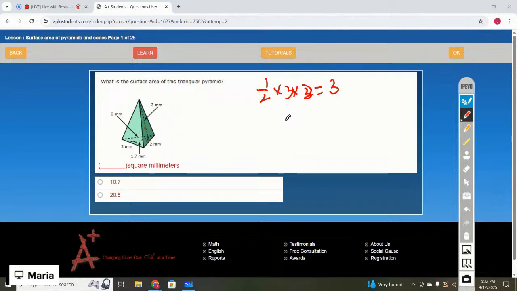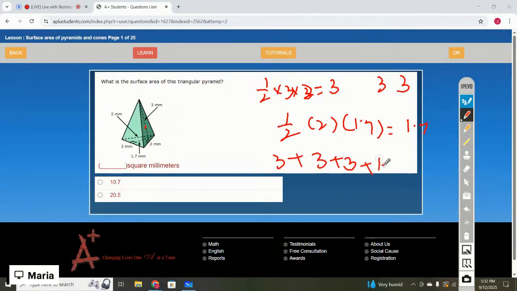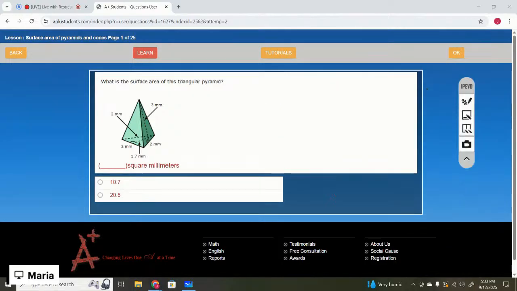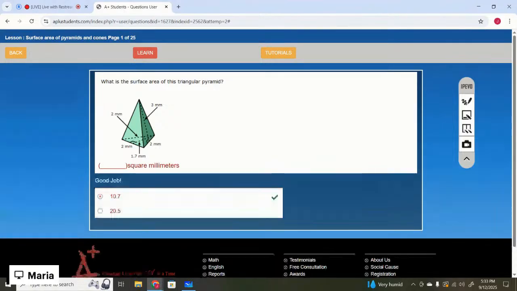And for the base, it is half times base times height. That is 1.7. So for the three faces, that is 3, 3, and 3. You need to add all these areas. So that is 10.7. Option number 1 is the correct option.